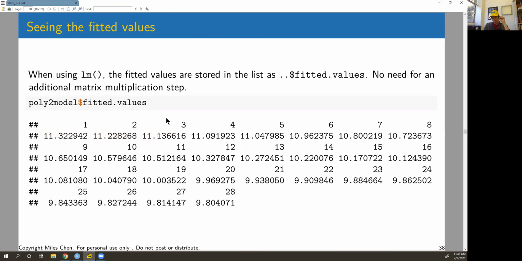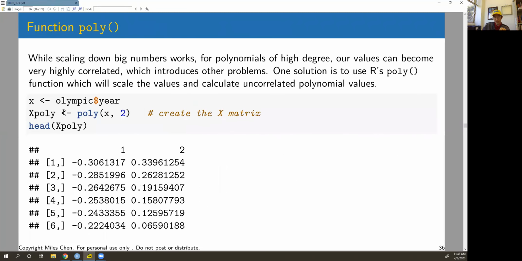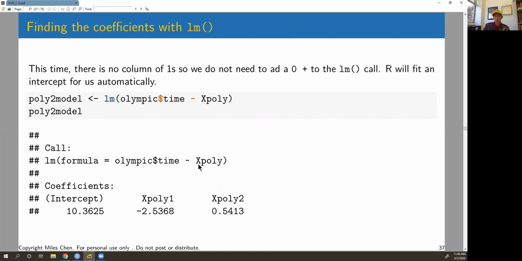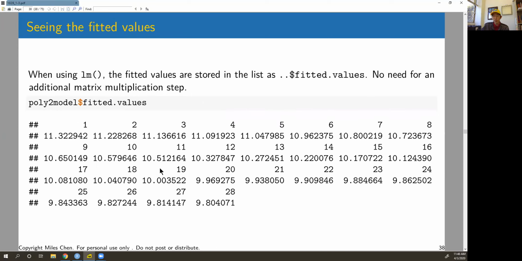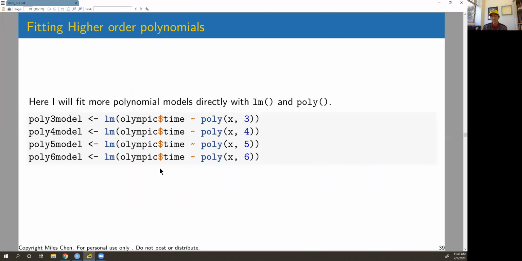So the quadratic polynomial here that I've produced by doing poly x degree 2 gives me the same predicted values, even though my coefficient estimates are way different, okay? My coefficient estimates are way different, the predicted values are the same, okay? And again, it's kind of just like changing your units into these arbitrary units that R has decided on, but the predicted values remain the same. Okay.